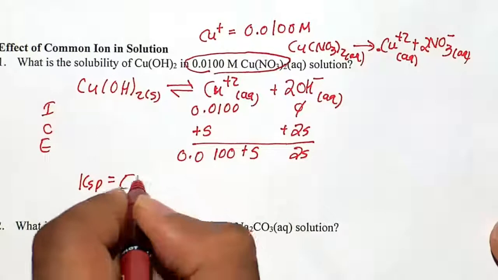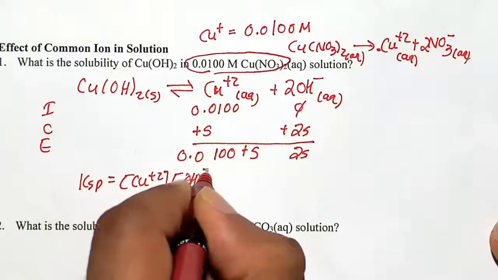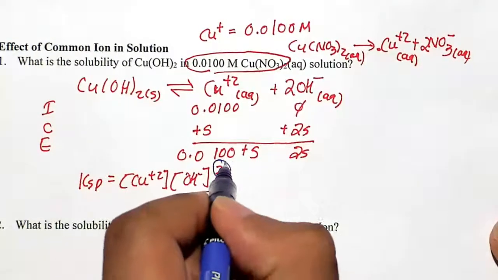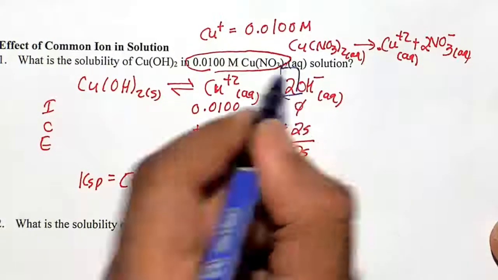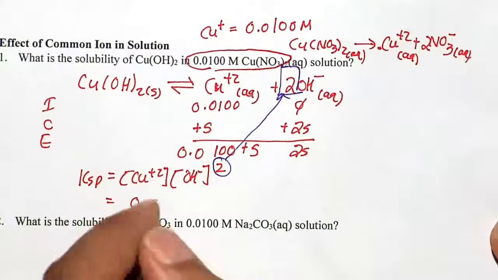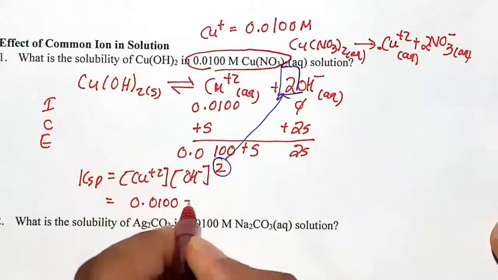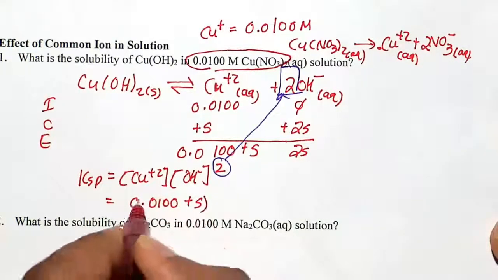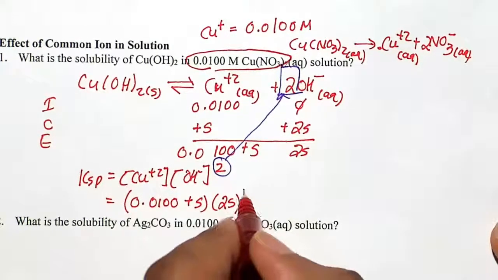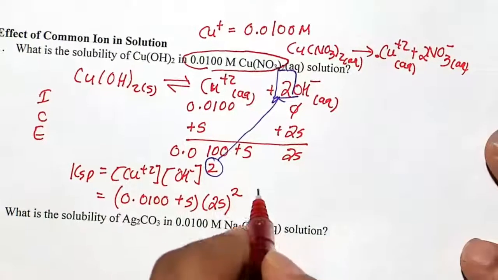KSP is going to equal copper ion in solution times the hydroxide ion in solution. This is an easy point to make a mistake upon, the law of mass action. Here, our concentration of copper ion in solution at equilibrium is 0.0100 plus S. Our concentration of hydroxide ion is going to be 2S. That whole thing is squared.